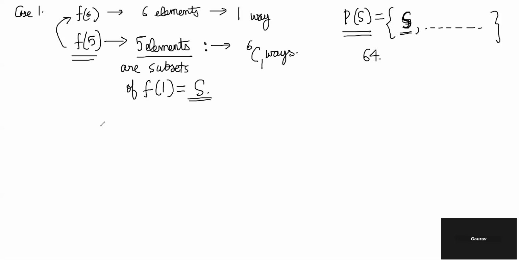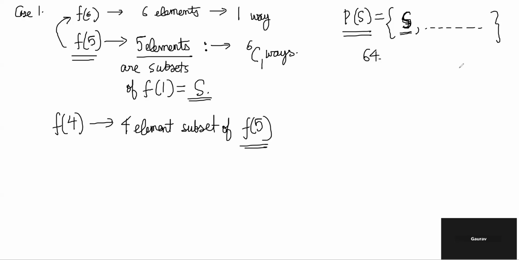Okay, then f of 4, let's take, you have to take 4 element subset of f of 5, right? Why f of 5? Because we have to say that f of 4 is subset of f of 5. So whatever you selected here, whichever 5 elements, you have to pick 4 from them, right?